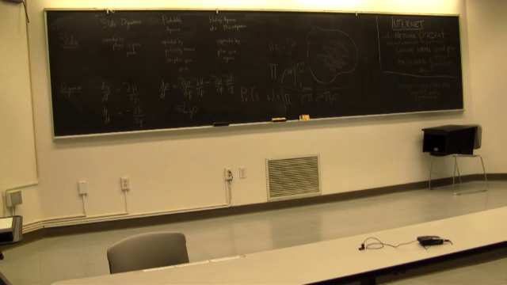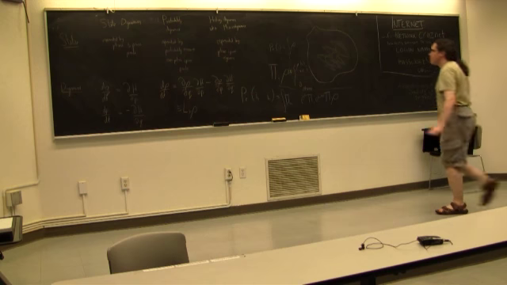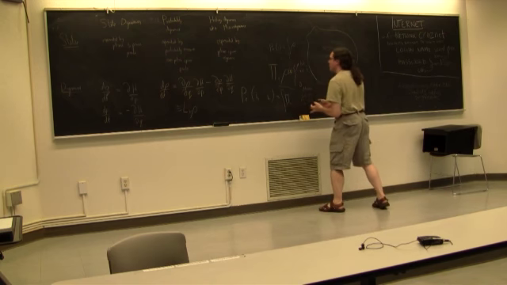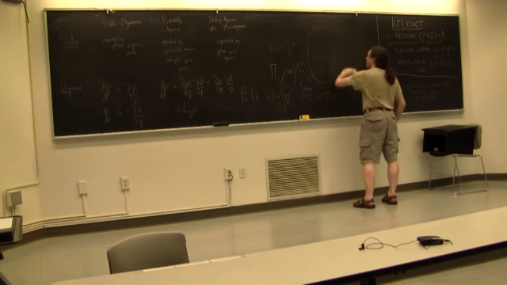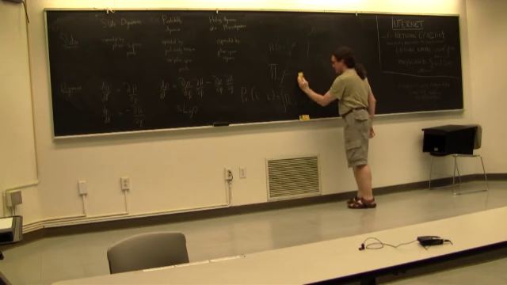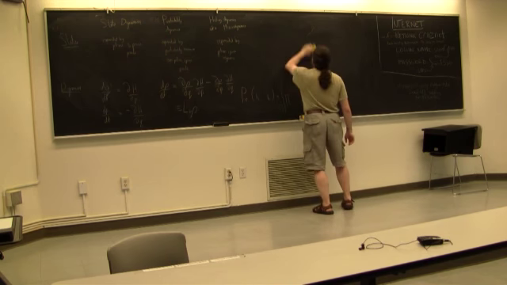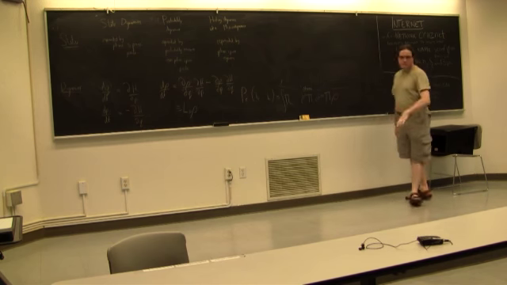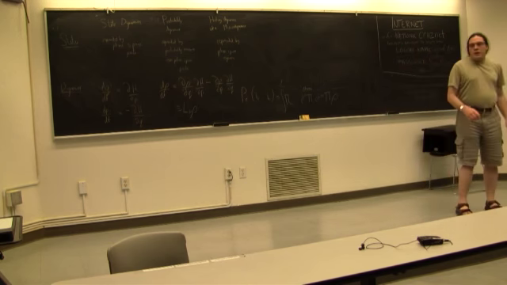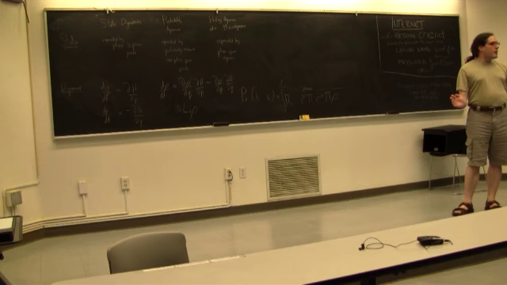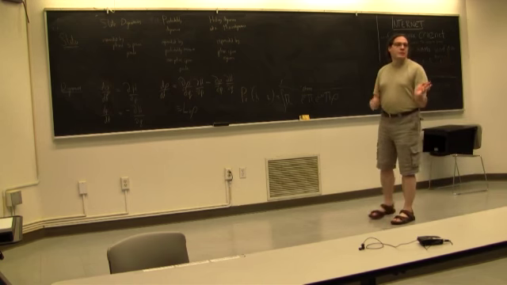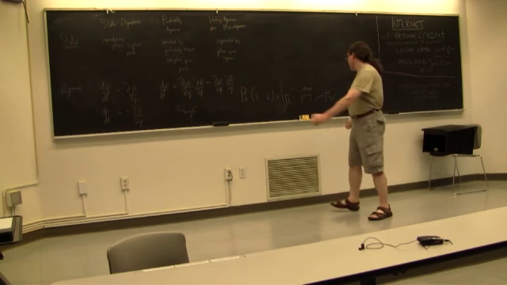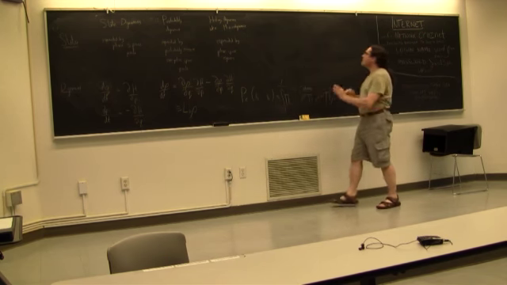Okay, let's think about quantum mechanics. Let me clear myself some space. So let's start by thinking about quantum mechanics at a very abstract level, about the same level as Shelley's first slide.